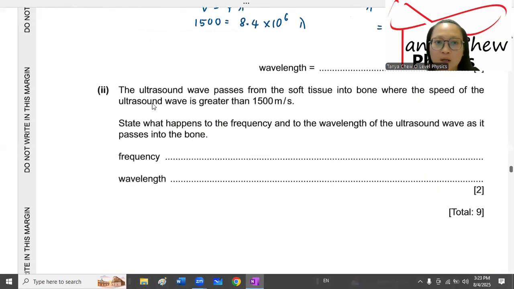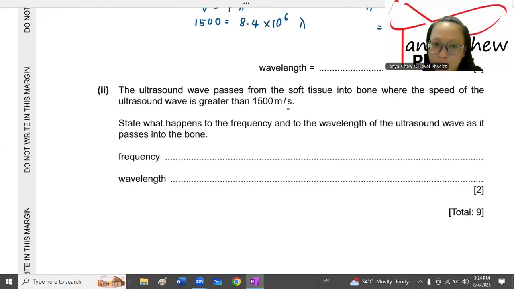Now, the next one. The ultrasound wave passes from the soft tissue into bone where the speed of the ultrasound wave is greater than 1500 meters per second. State what happens to the frequency and to the wavelength of the ultrasound as it passes into the bone. Can you see? The same ultrasound passes into the bone.